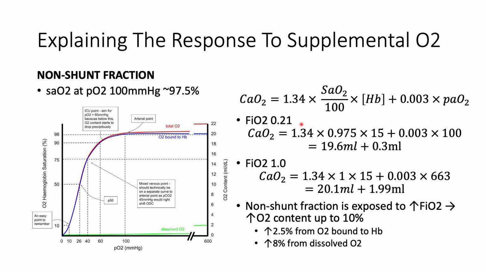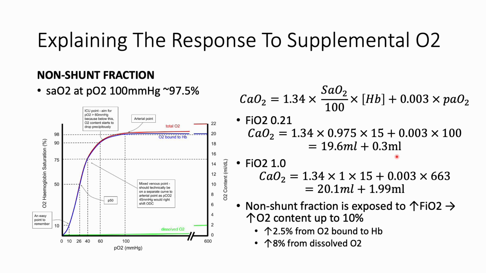And so if we look at the situation of breathing room air, assuming a hemoglobin concentration of 15 grams per deciliter and that it's 97.5% saturated, we come up with an oxygen content of 19.6 mLs bound to hemoglobin plus 0.3 mLs dissolved in plasma, so roughly 20 mLs of oxygen per deciliter.